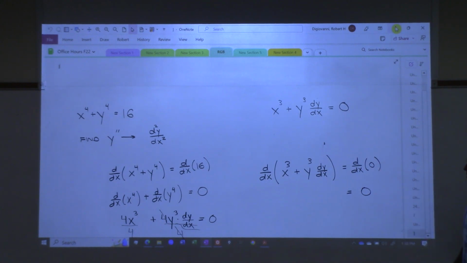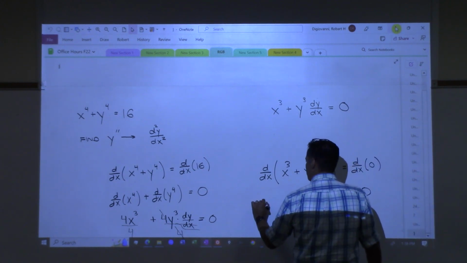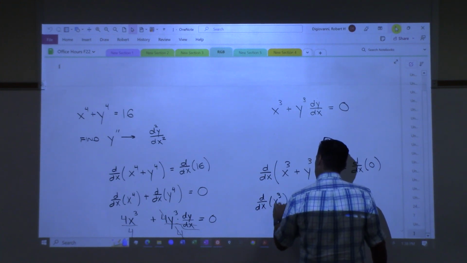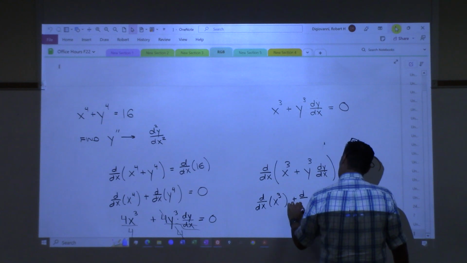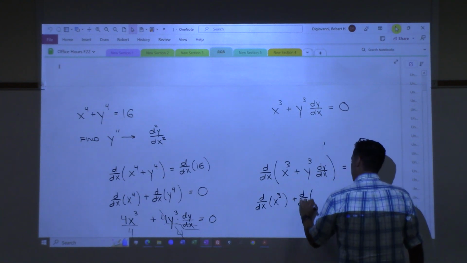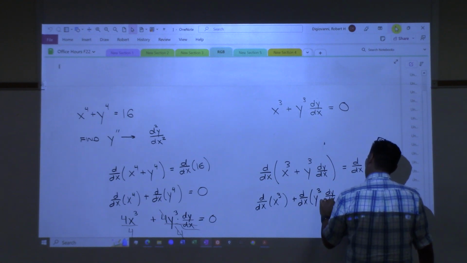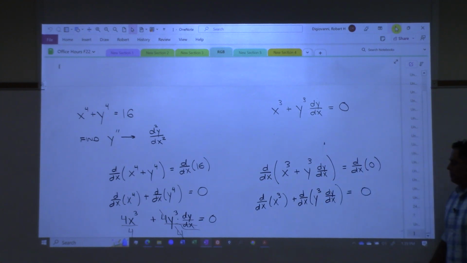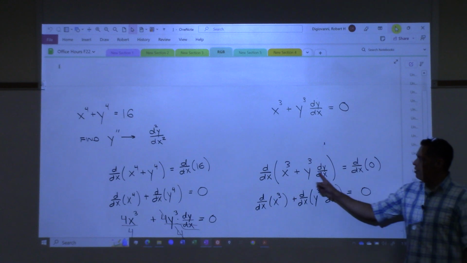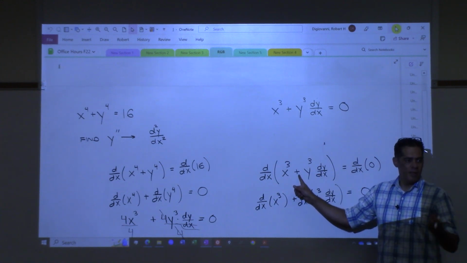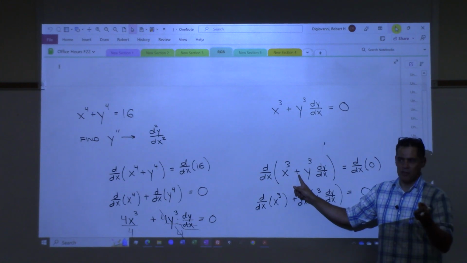On the left side, I have 2 terms separated by addition, so I can write it this way. When I just said I have 2 terms separated by addition, that's kind of redundant, because to be terms means that there's addition or subtraction between them.